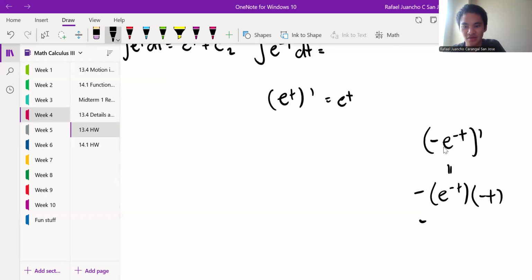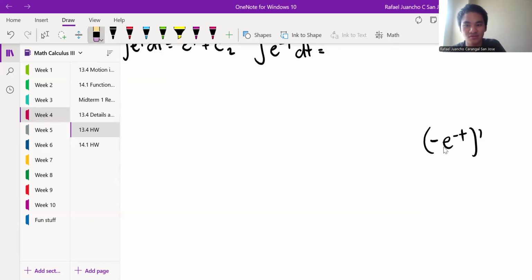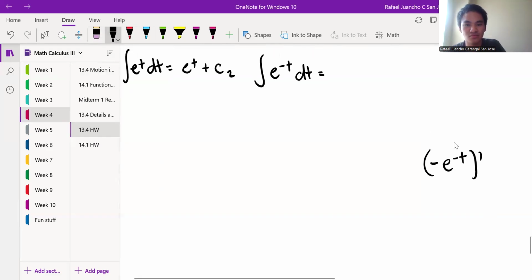So we got negative 1, e to the negative t. Well, here I just get e to the negative t. So that's my answer. It's actually just adding the negative here. Then some constant.